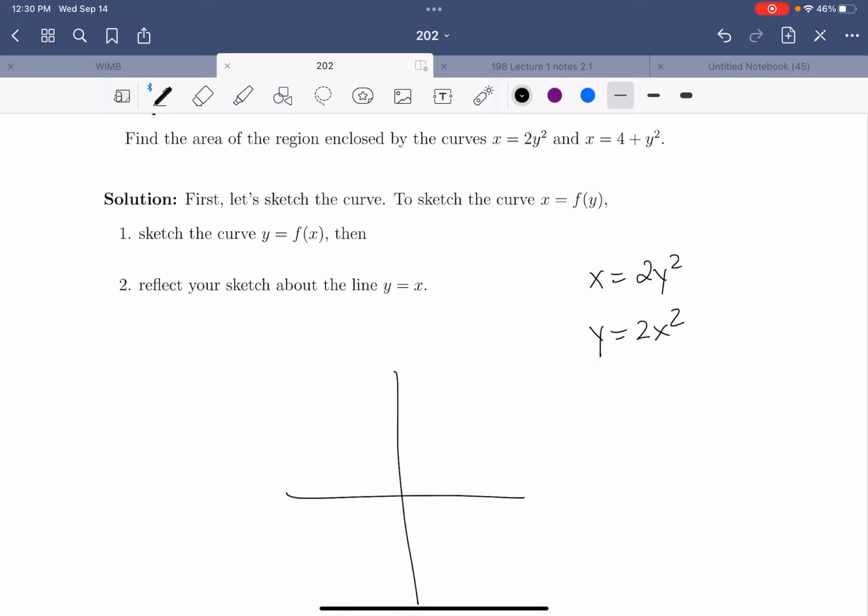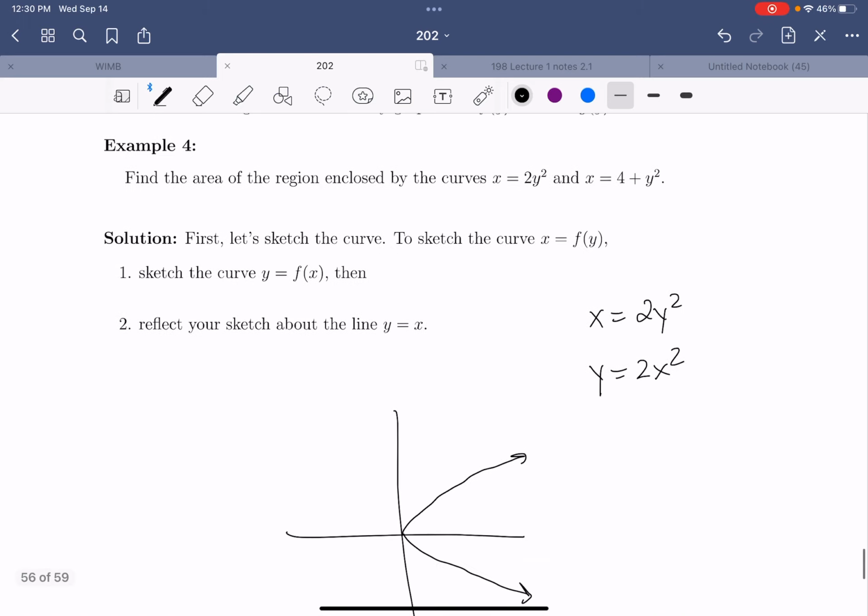So this would be a parabola with its vertex at 0, 0, and instead of opening up, it's going to open to the right, where the y's are positive. So it's going to go like this.